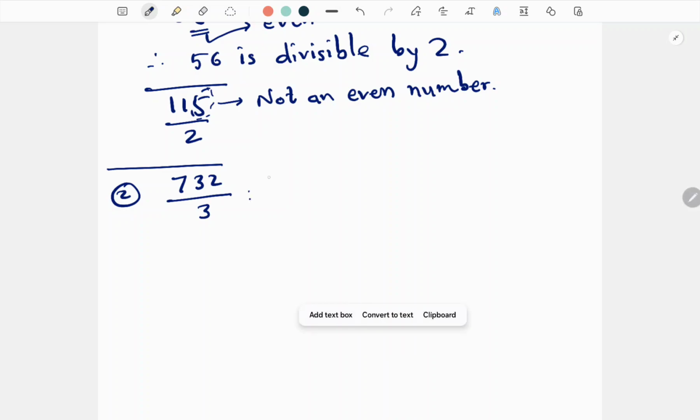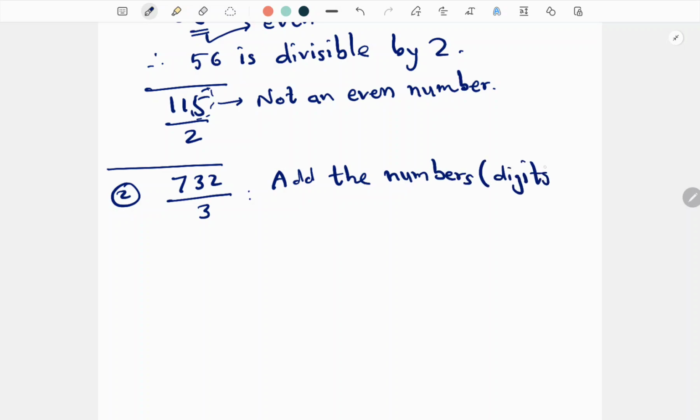Add the individual numbers, or I should say digits, in the given number.